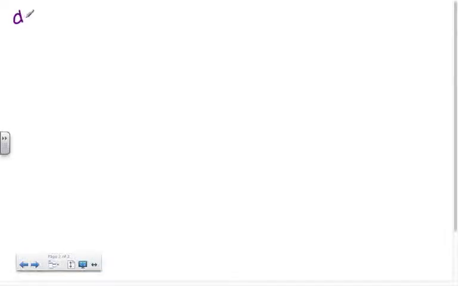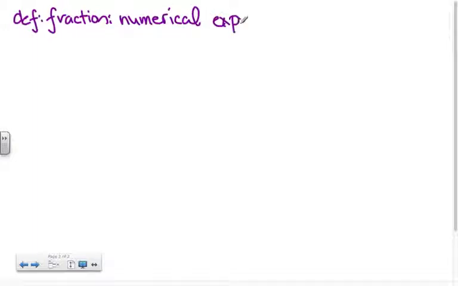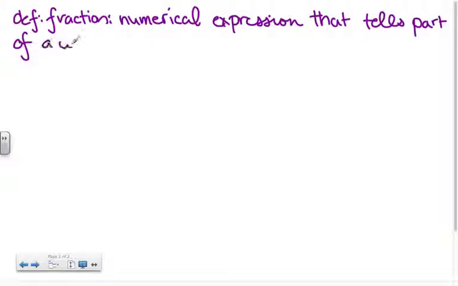A fraction is a numerical expression that tells part of a whole.